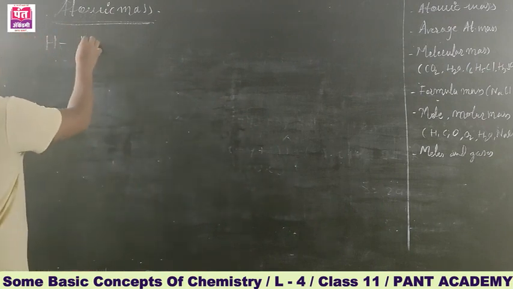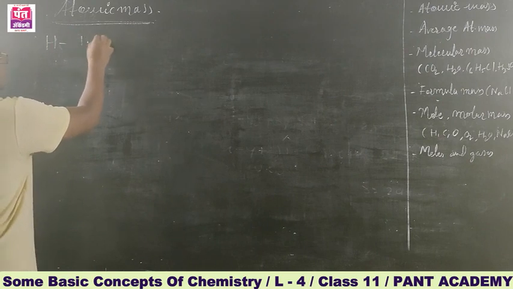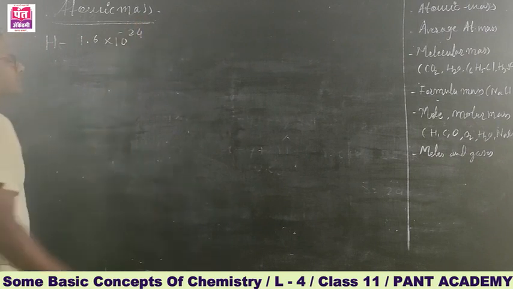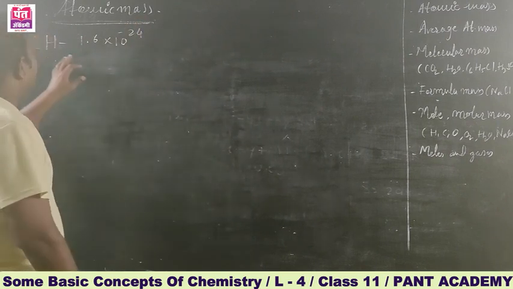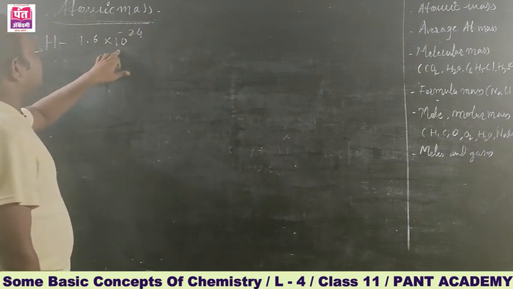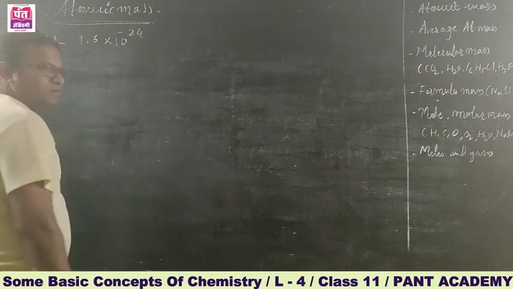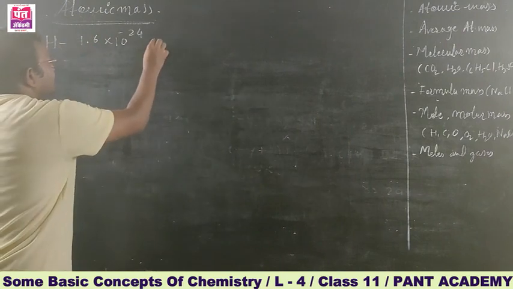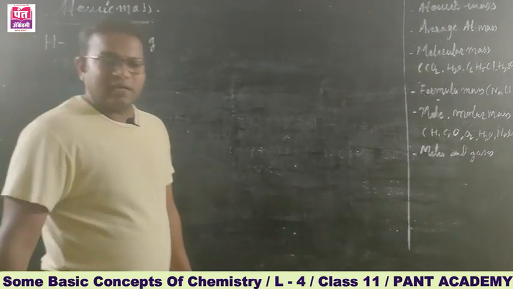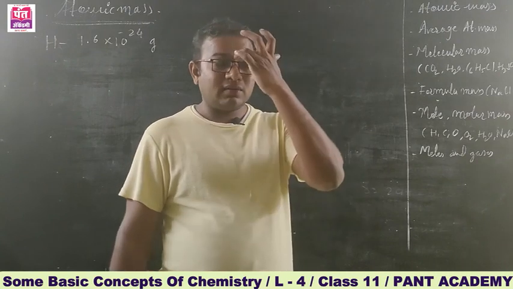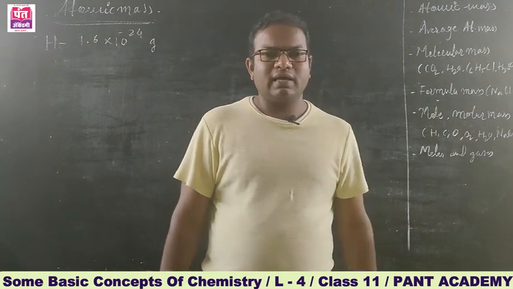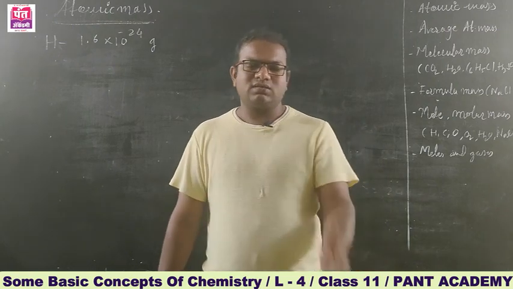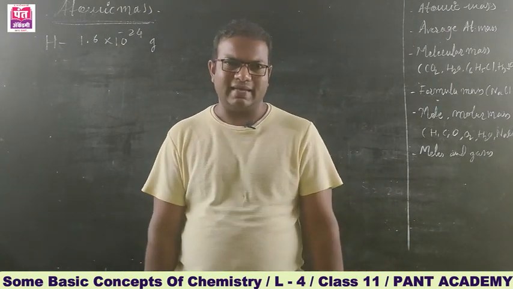It is about 1.6 into 10 raised to minus 24. Now, जर हे एवढं कमी असेल ग्राम्स, हे एवढं कमी आहे, पण काय होणार आहे प्रॉब्लेम? We cannot measure it very easily. आपण याला अगदी सहजही मोजता येऊ शकत नाही.